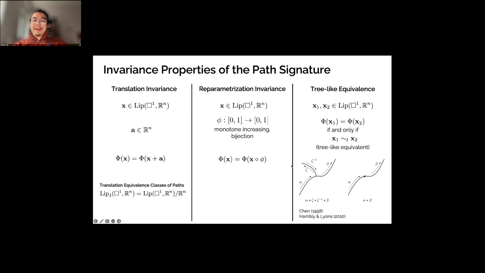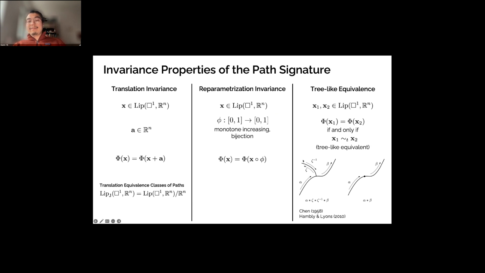I'm just going to define this by using a picture. Let's suppose that we have these two paths. Let's say on the left, this is x1, and on the right, this is x2. We say that these two paths are tree-like equivalent if they differ by a finite number of these branches. Here, the first path on the left traces out alpha, which goes up to this point. It goes along zeta, then retraces back along itself, and then goes on to beta.